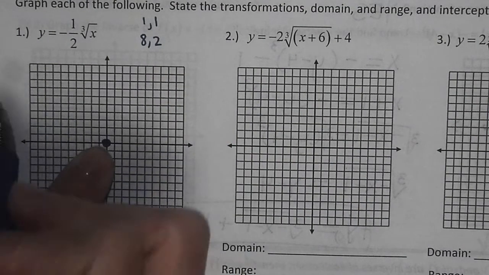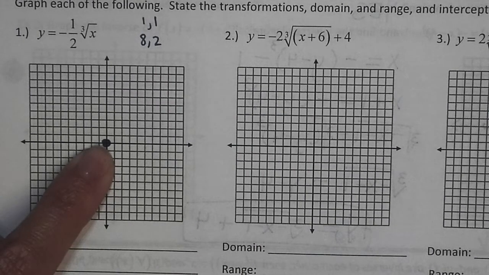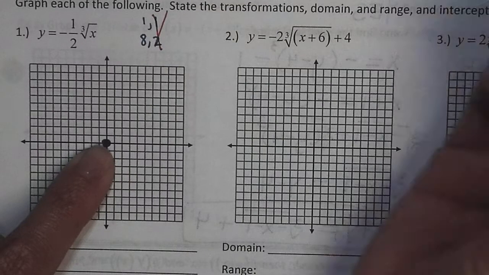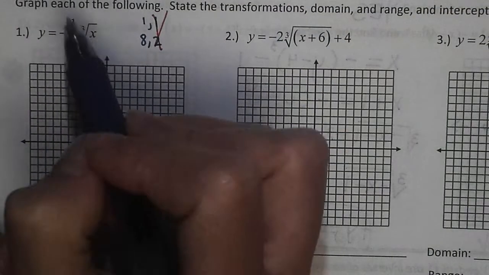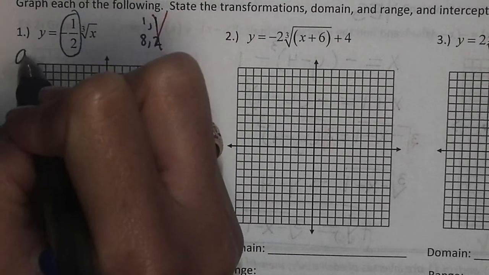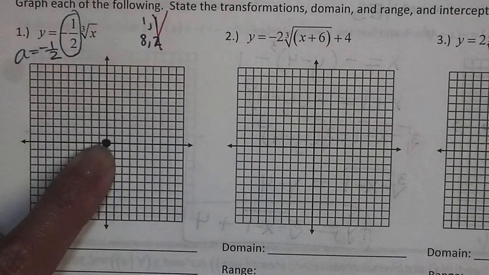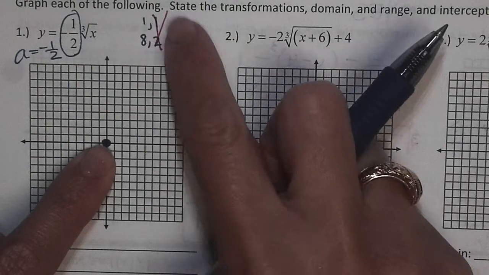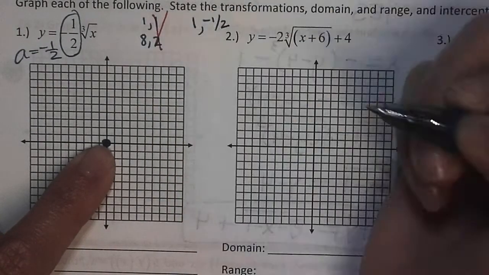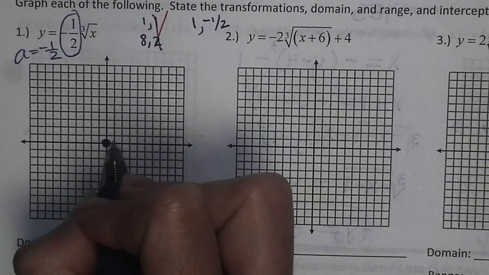However, for this problem I'm going to change the Y values. These Y values are going to be multiplied by -½ because I have an A equals -½. So instead of graphing 1, 1, I'm going to graph 1, -½. So right here, to the right one, down half.